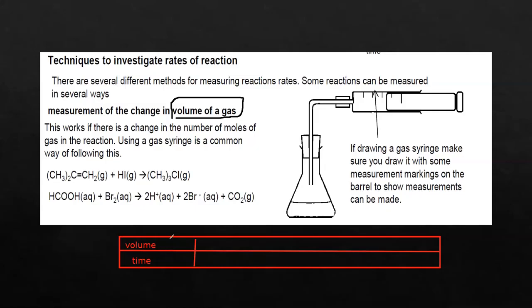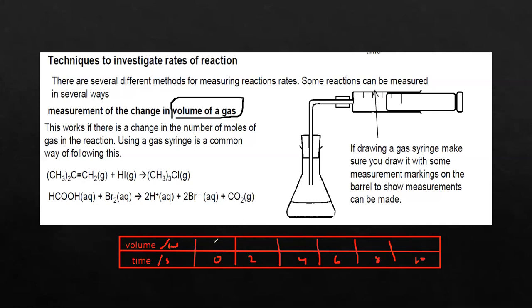Volume of gas, for example, is in centimeter cube, and time is in seconds. The formula to calculate the rate is change in concentration of either reactant or product divided by time interval. So you're measuring a volume every 2-second time interval.